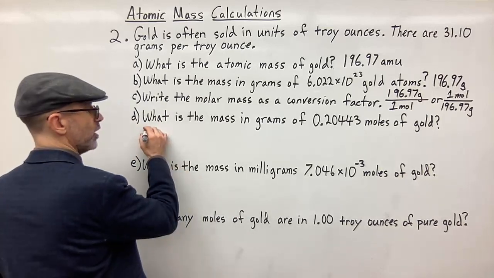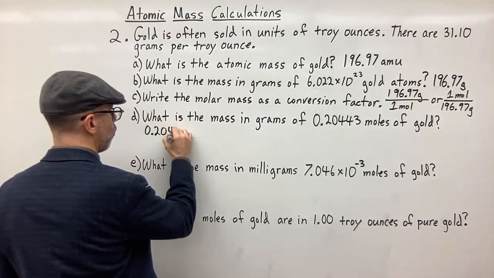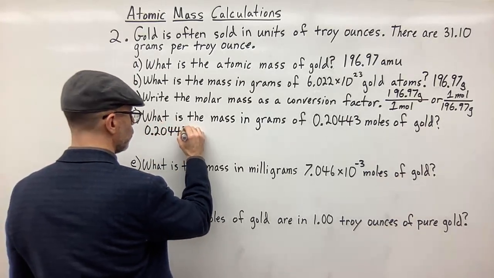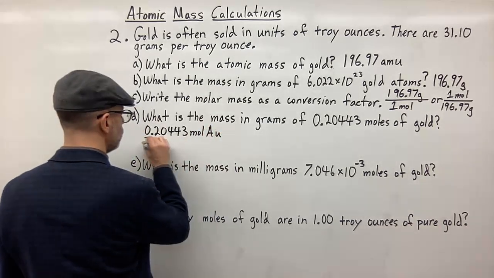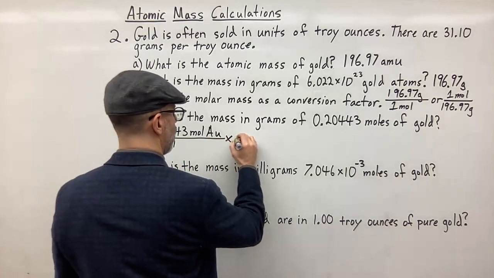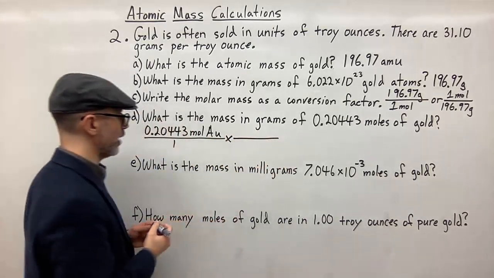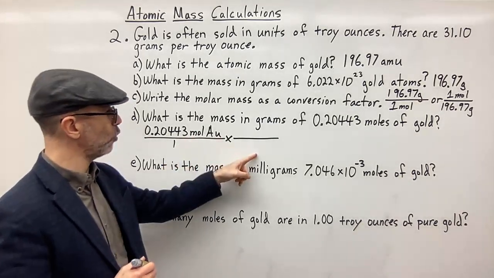So I'm going to start with 0.20443 moles of gold, Au, over 1. Now I'm going to use the molar mass to convert to grams. Since I have moles on the top here, I want moles on the bottom.